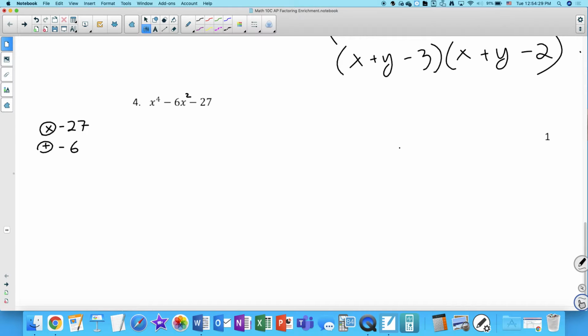Negative 9 and positive 3. And because this is a 1, I can just factor directly. So I'm going to go x squared minus 9 times x squared plus 3.